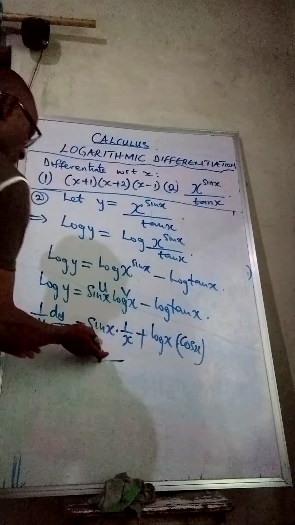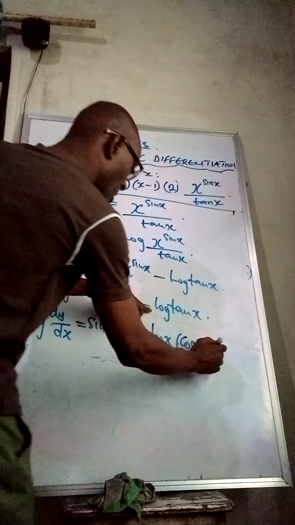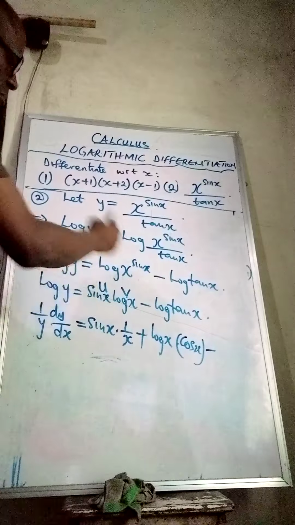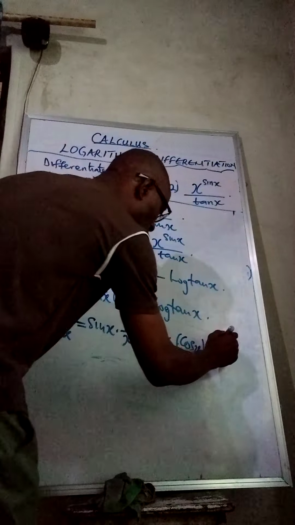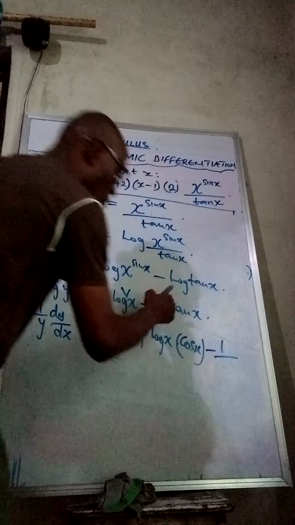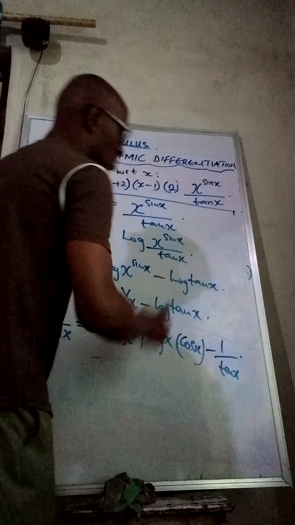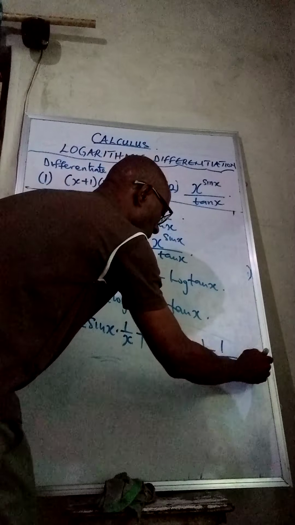So this is the result of this. Then minus, I now want to differentiate log tan x. You differentiate log, that will give you 1 over whatever you have there, which is tan x, times you now differentiate tan x, that will give you sec square x.